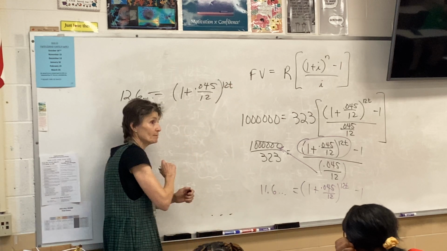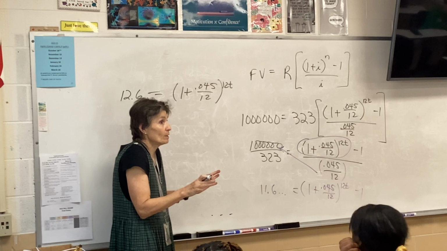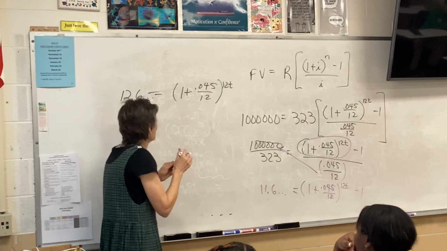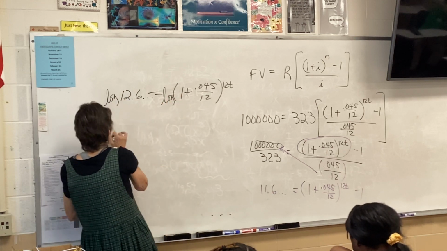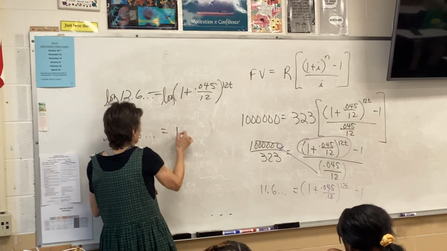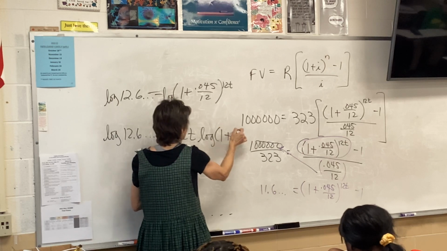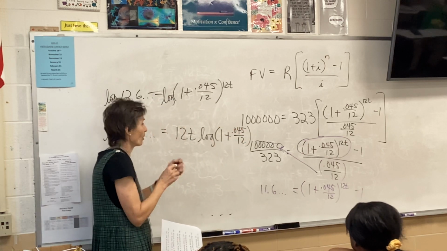Are you with me, Meg? Yeah. I've done as much as I can do now without getting that exponent out of there. So I'm now going to log both sides. So the log of whatever number's in my calculator equals 12t log 1 plus 0.045 divided by 12. Are you still with me?